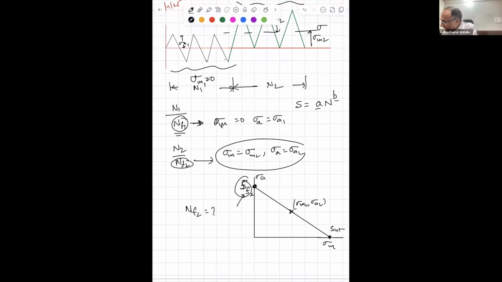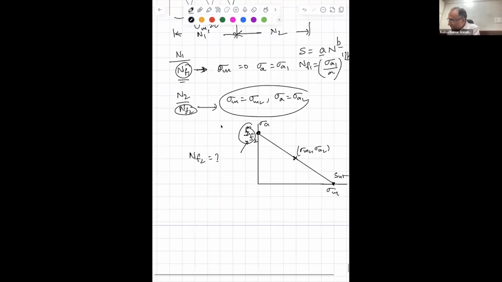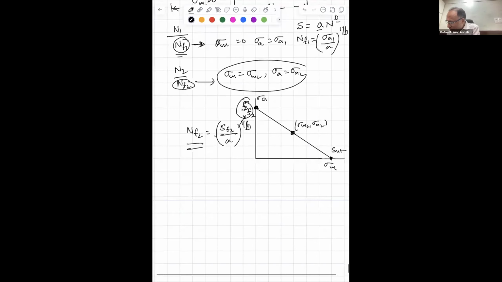So I will calculate NF1 as sigma A1 by A, whole to the power 1 by B. Similarly, NF2 will be SF2, whatever I computed, by A, whole to the power 1 by B, because this point and this point are going to have the same life. Once having done that, my equation will be N1 by NF1 plus N2 by NF2 must be equal to 1.